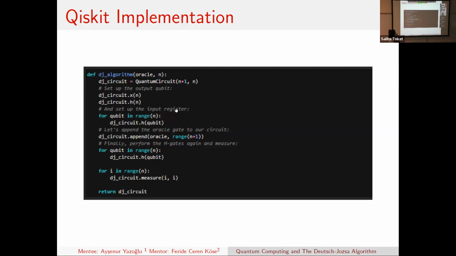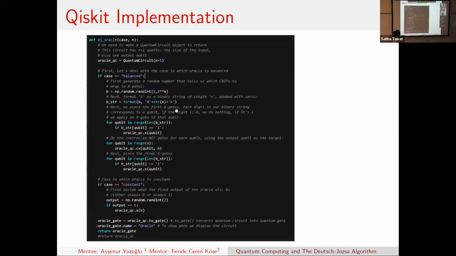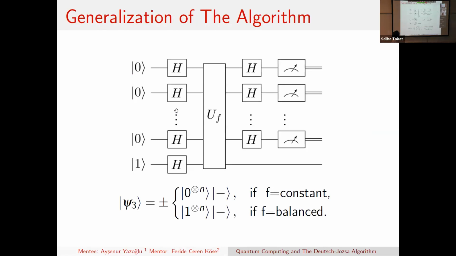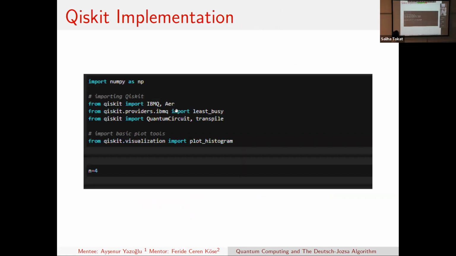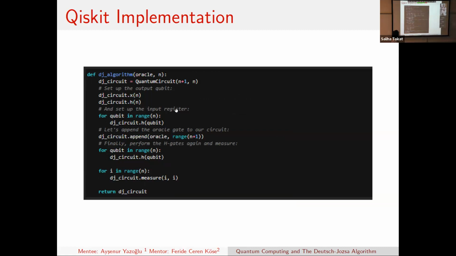The use of the X gate here is that in the circuit we have 1 as input, but in Qiskit the default qubit state is 0, so we want to flip it. To do that, we add an X gate. After that, we add Hadamard gates and add our oracle. Then the Hadamard gates again, then we measure.